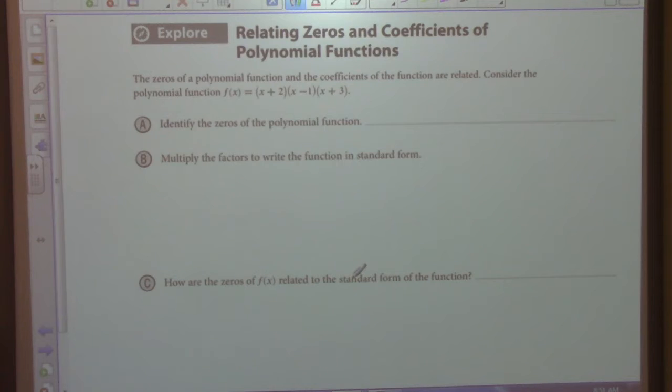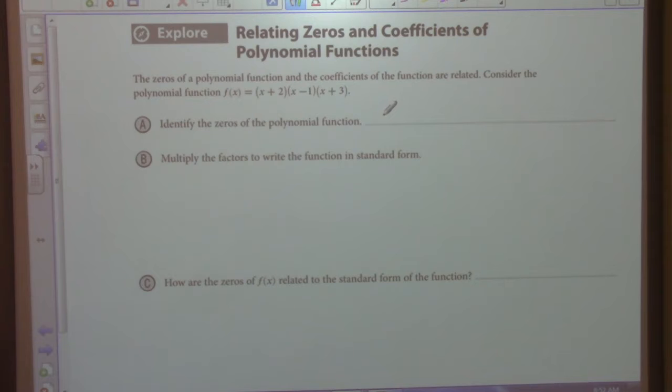Now, here we have the zeros of a polynomial function and coefficients are related. Consider the polynomial function. This is the type of polynomial function that we saw in the last section, right? Identify the zeros of the polynomial function. So we have this polynomial function here.